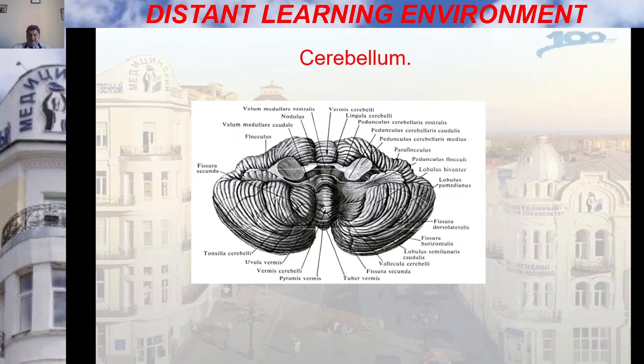The cerebellum is situated under the occipital lobes of the cerebral hemispheres, dorsal to the pons and medulla oblongata, and is lodged in the posterior cranial fossa.